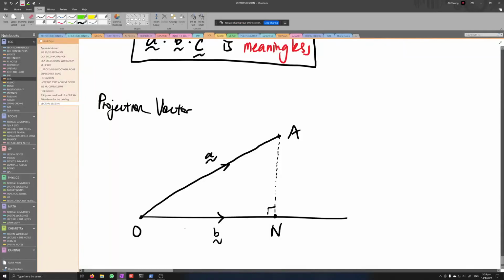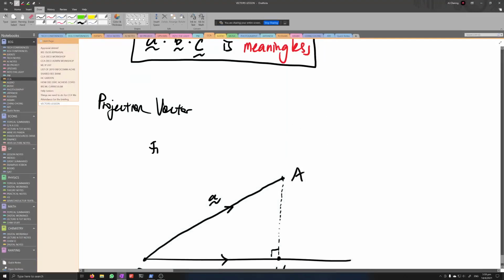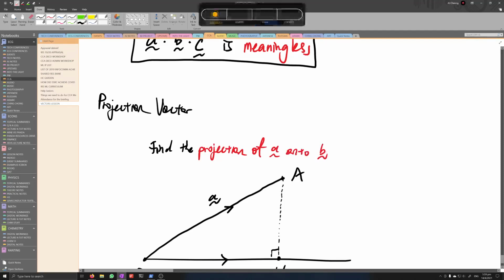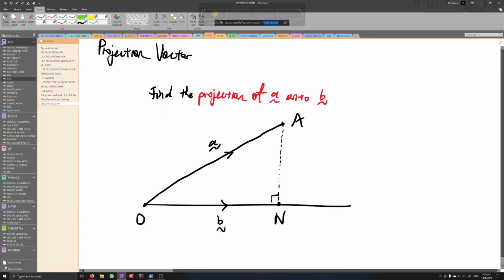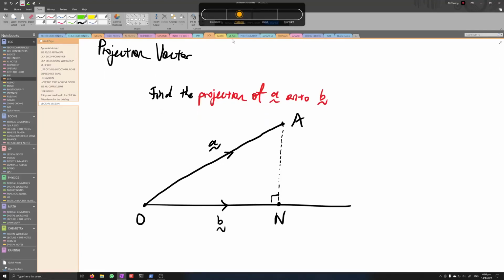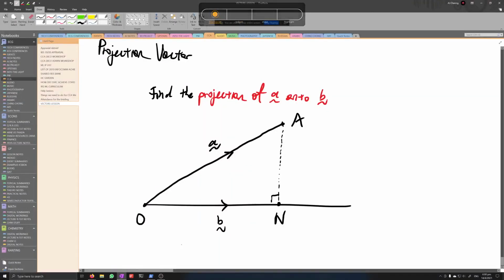So if I were to find the projection of A onto B, essentially, it is going to be this length ON.